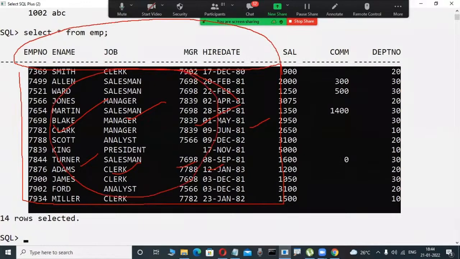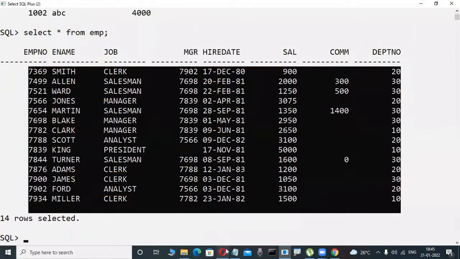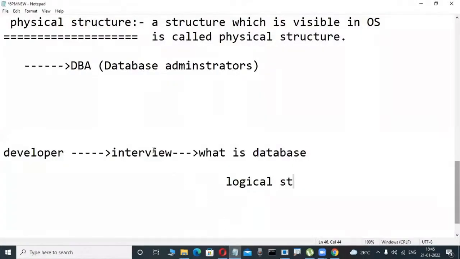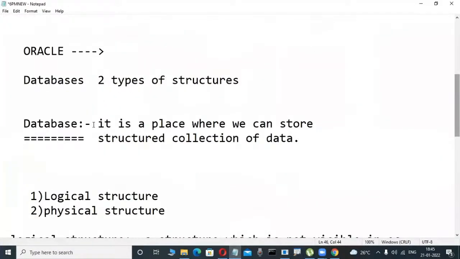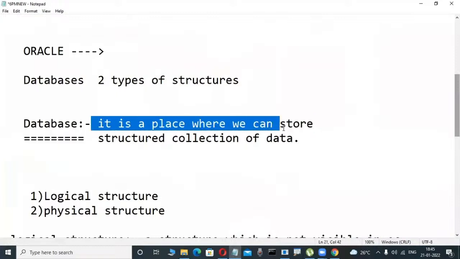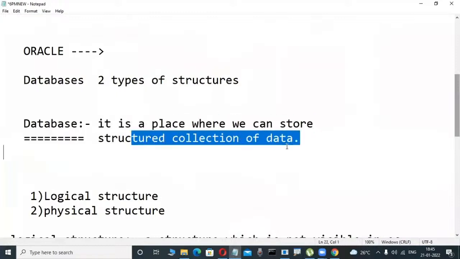That's why in books, or when we type "what is a database" in Google, two definitions are there, but most developers write that it is a place where we can store a structured collection of data.